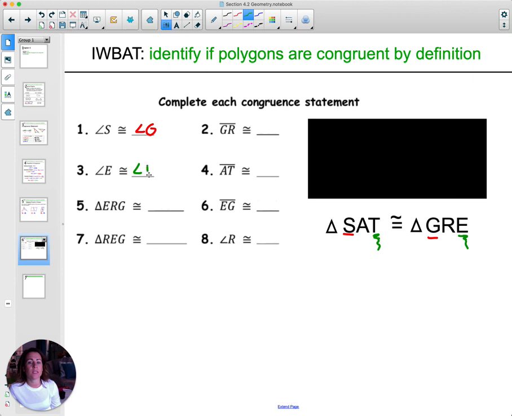Last letter is angle T. GR. Okay, so GR is right here, first two letters with first two letters. So SA. AT. So AT are the last two letters. RE are the last two letters.